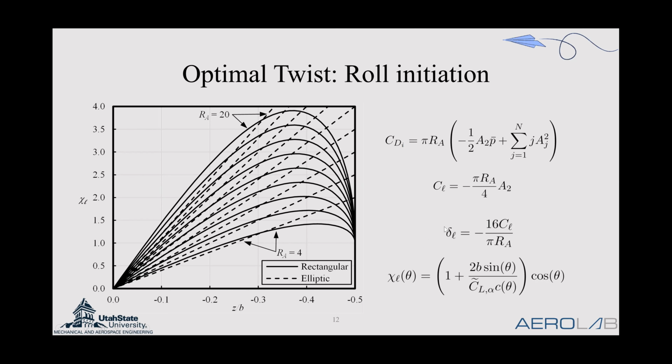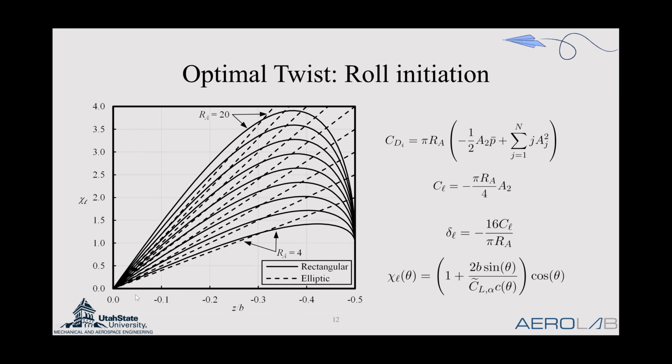And then that normalized shape would be dimensionalized, scaled up based on our desired rolling moment. This plot on the left shows what that normalized anti-symmetric twist looks like. That will provide the optimal twist or the optimal lift for a roll initiation case.